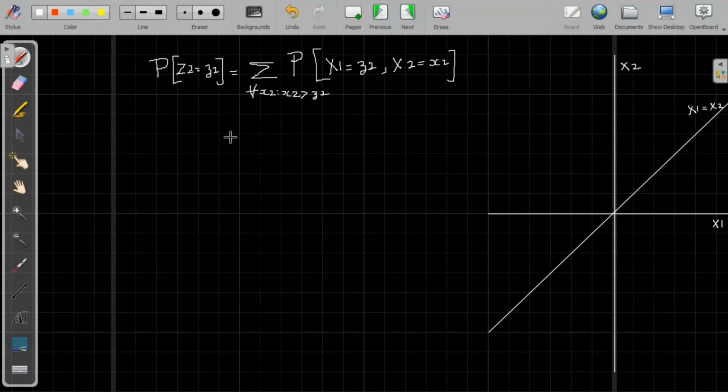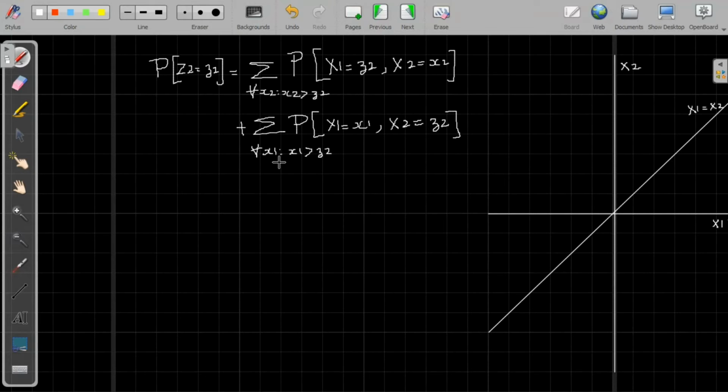This is from case 1, plus from case 2 summation over all sample values of x1 joint probability. In this case x1 can vary and x2 is fixed and is equal to z2. x1 can vary such that x1 is greater than z2.